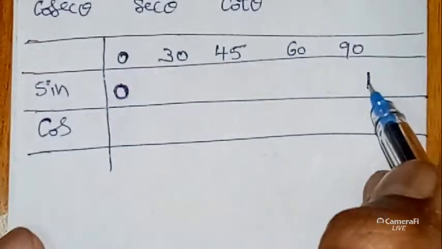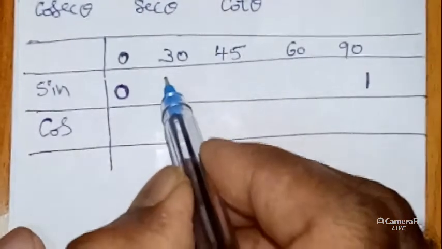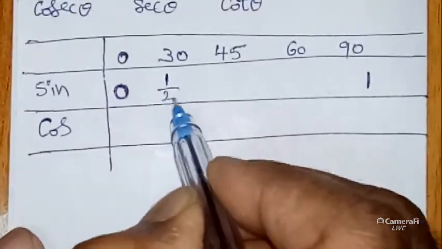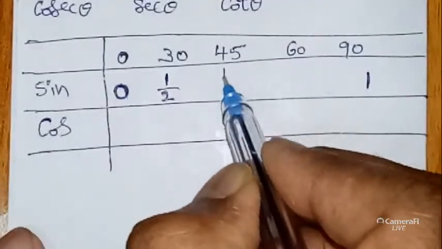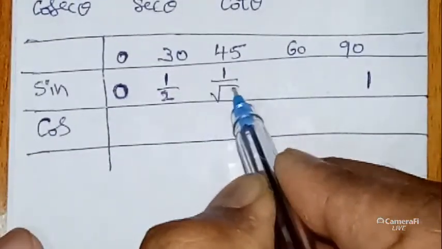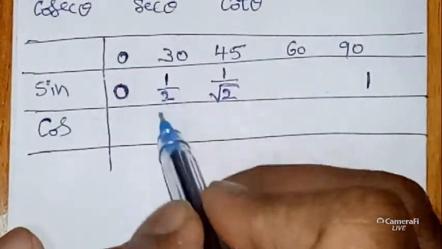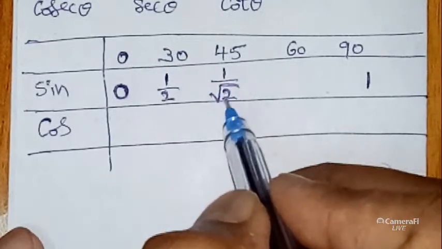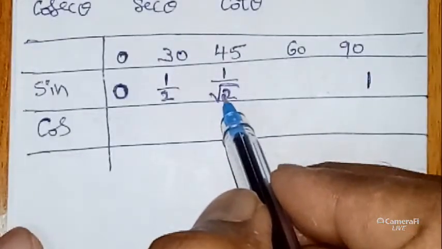The average between these two values is 0 plus 1 by 2, so I am writing 1 by 2 here. The same part I write one more time, 1 by root 2: here 1 by 2, but in the denominator I write root. So sine 45 is 1 by root 2.